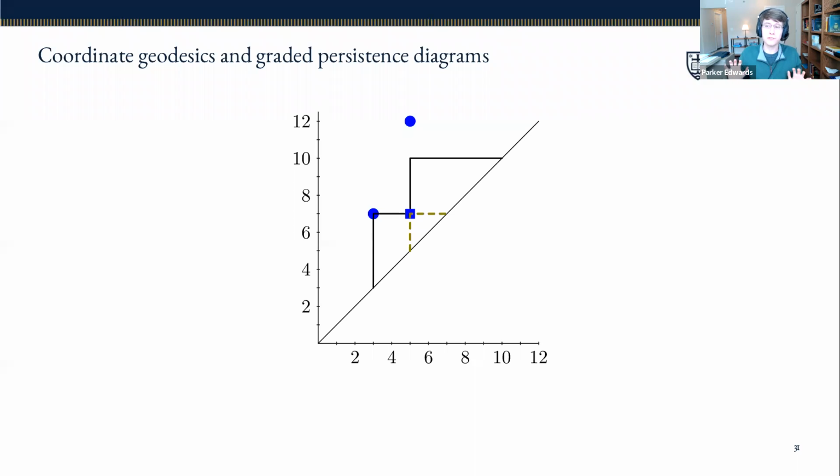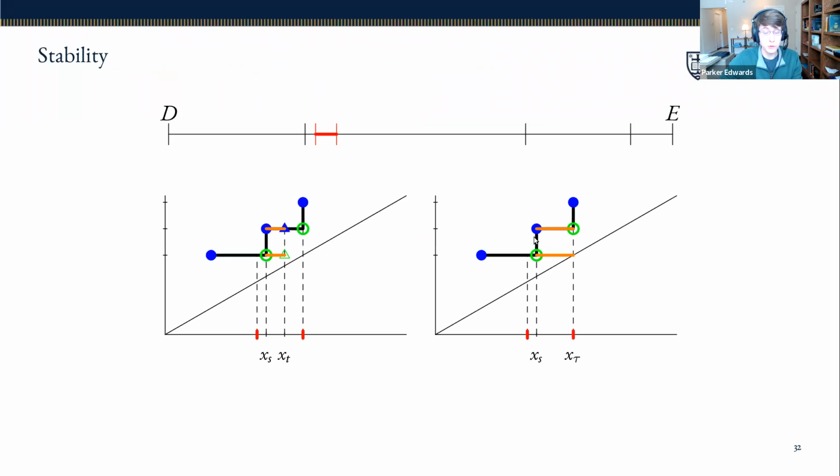So visually, this really gives you, hopefully, the core of the idea of how you would prove stability. You finally can break a geodesic between two diagrams, D and E, down into these extremely simple pieces. You have one coordinate moving one point at a time.